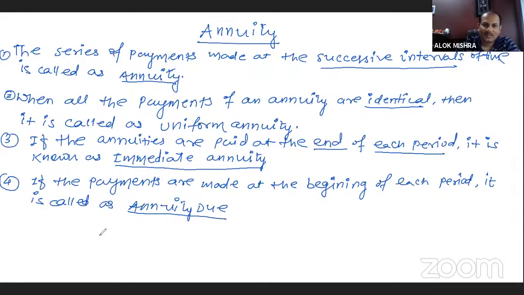Next, I talked about the fixed period, right? Time period also I talked about as fixed, that is for a certain number of years.